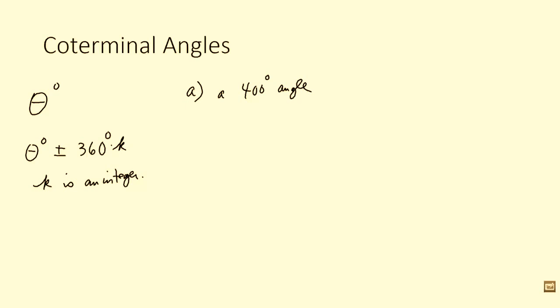So to get the coterminal angle, we have 400 degrees minus 360 degrees. So we're going to get what? An angle of 40 degrees. Therefore, an angle that measures 40 degrees is coterminal with a 400 degree angle.